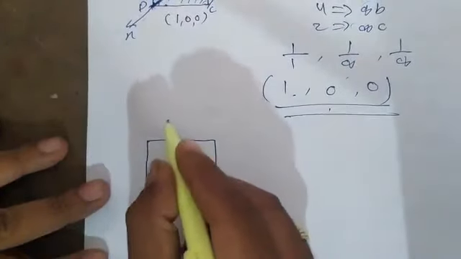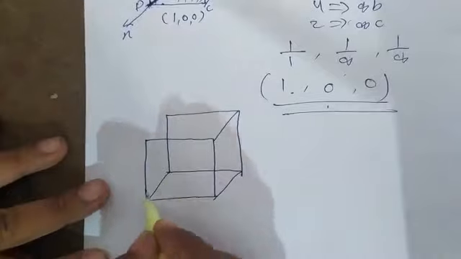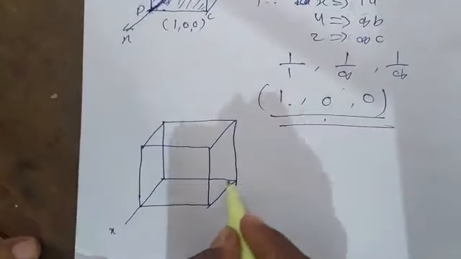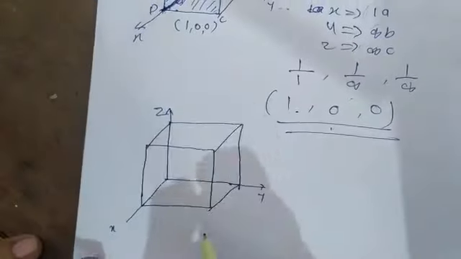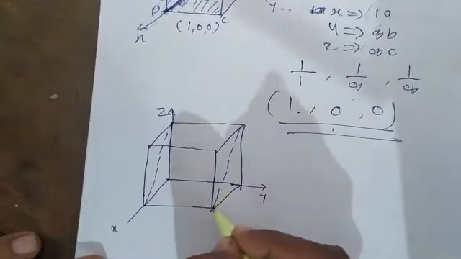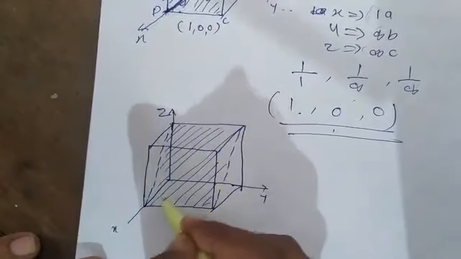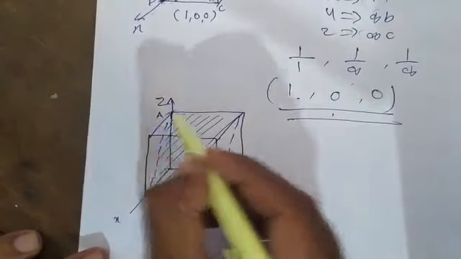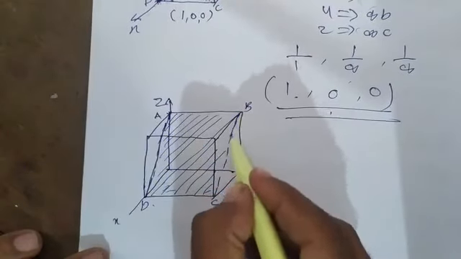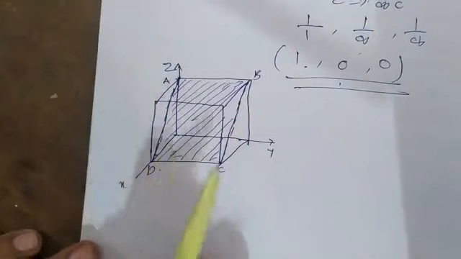Similarly, consider another plane in a simple cubic crystal. This is the x-axis, this is the y-axis, and this is the z-axis. Now consider this plane ABCD.